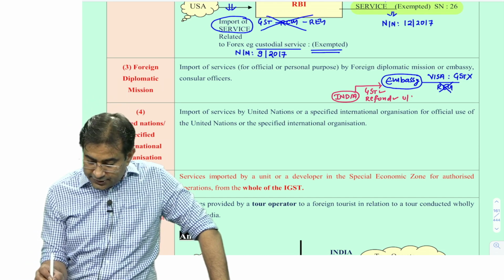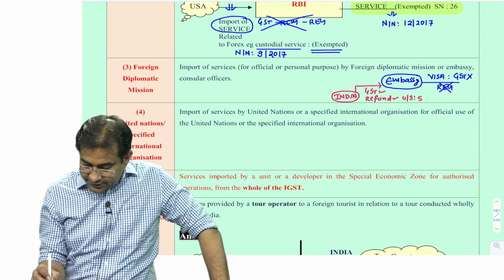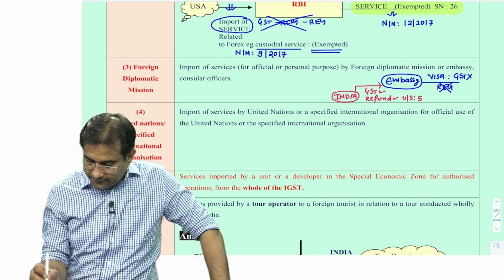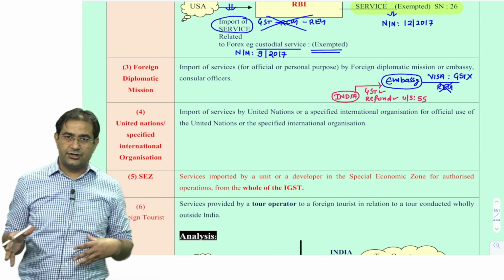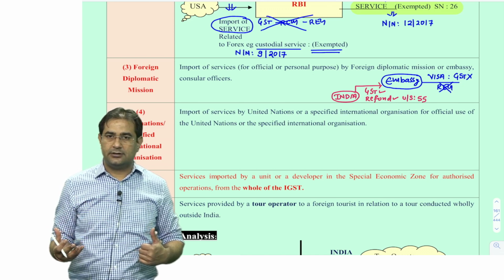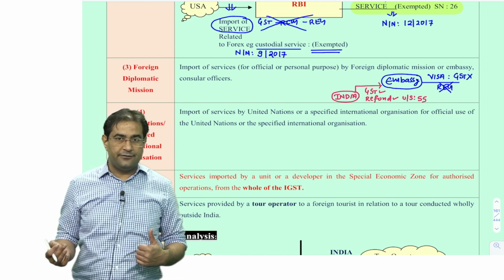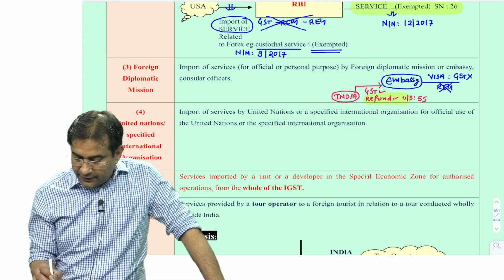Refund under section 54, that we will discuss in future. Under section 55, general refund section is 54, but the embassy gets a special refund section 55. Embassy claims refund under section 55.